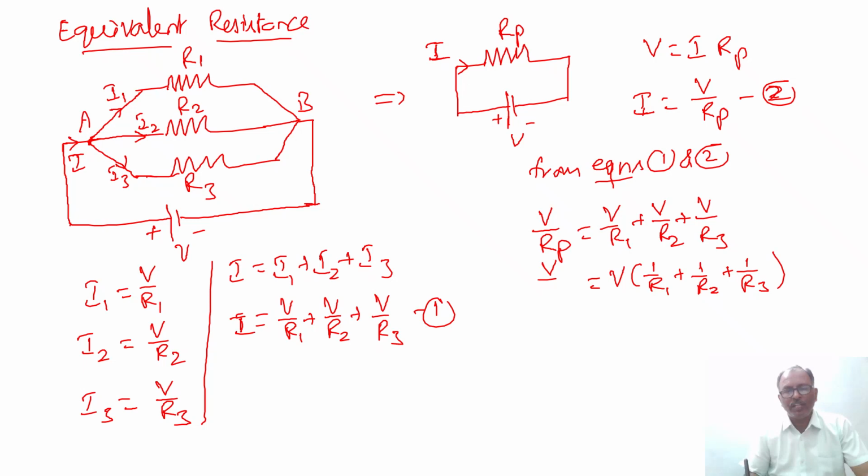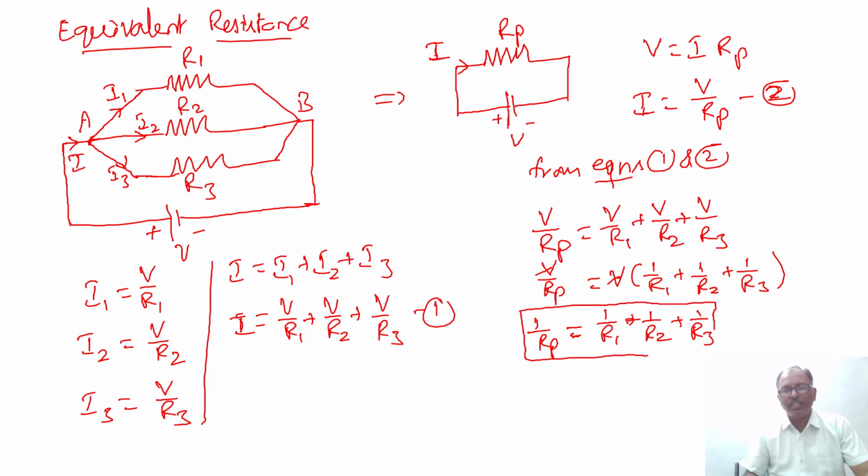On the left hand side we still have V by Rp. So V gets cancelled, and 1 by Rp equals 1 by R1 plus 1 by R2 plus 1 by R3. So the equivalent resistance of a parallel combination, when three resistances R1, R2 and R3 are connected in parallel, is given by 1 by R parallel equivalent equal to 1 by R1 plus 1 by R2 plus 1 by R3.